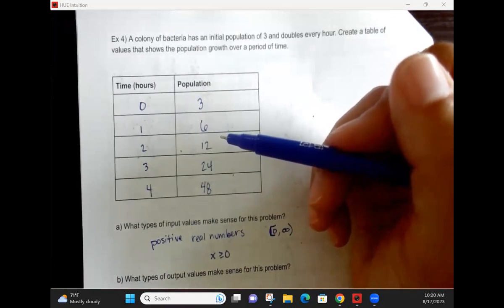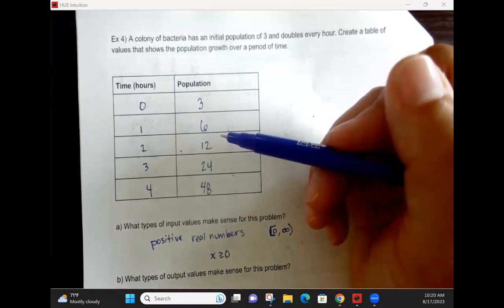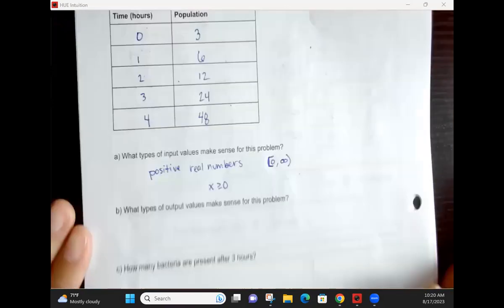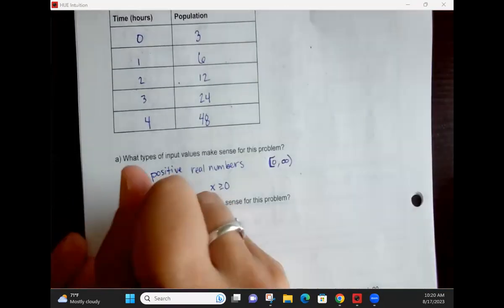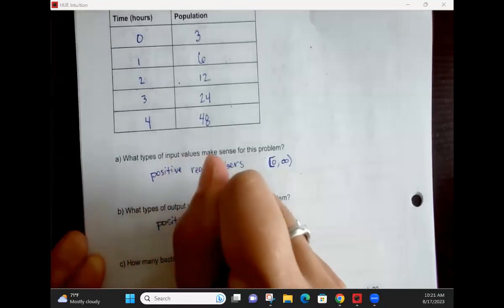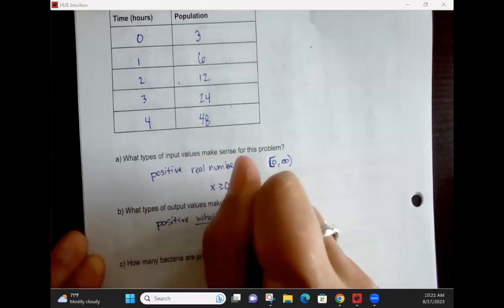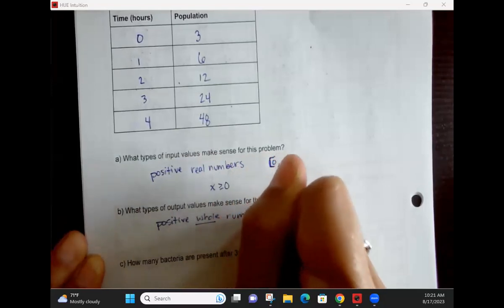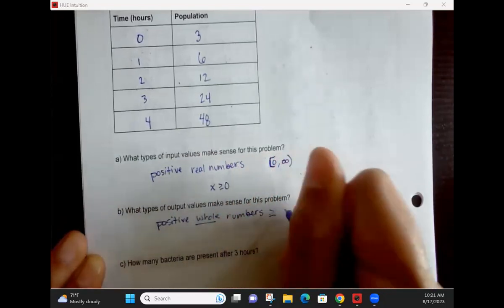We're talking about bacteria. Any real number? Whole numbers on this one. Yep. Got to be whole numbers on this one. So positive whole numbers greater than or equal to 3.